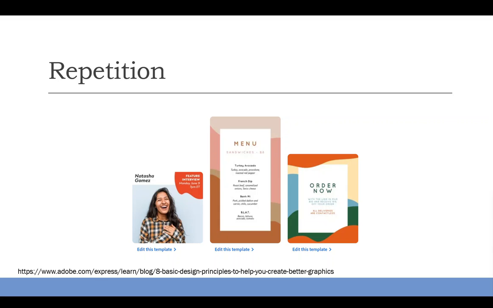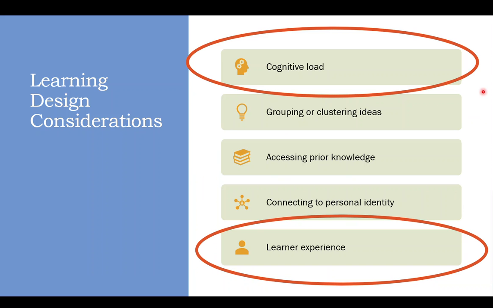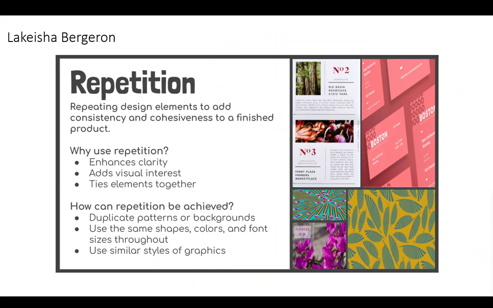And that has to do with repeating shapes, colors, fonts, so that things become organized in our brain. And that also goes to cognitive load, because if something repeats, it's less information our brain has to process. It's fewer changes. And it also increases the learner experience, because it's just a pleasant thing. So here's some examples.